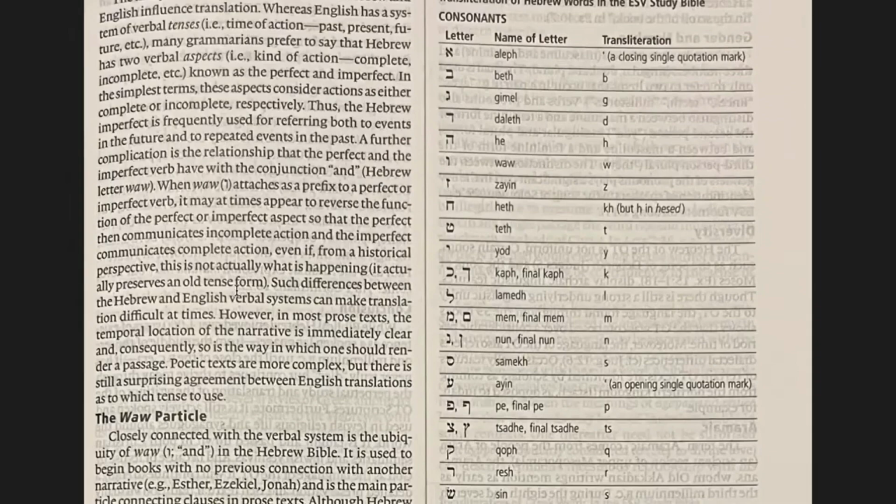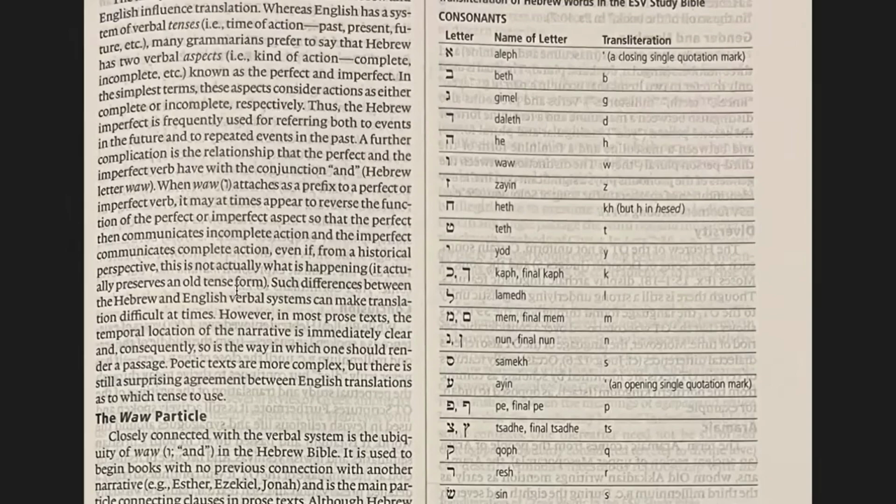And the text we were in was in Job. I have my little ESV Bible in front of me, and he has pulled up the Hebrew on his computer. In the middle of the discussion, he's trying to say something about what something means, and he brings this up. He's like, well, it has a waw.